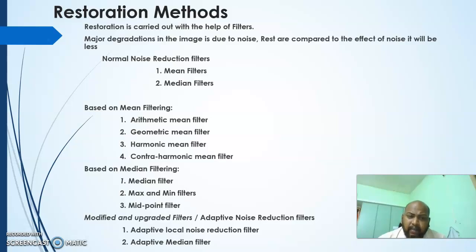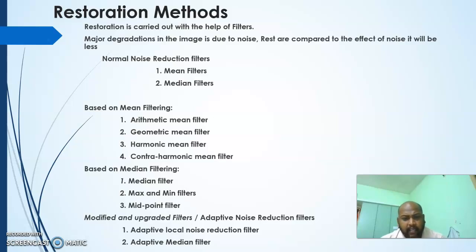Mean filters are further classified into arithmetic mean filter, geometric mean filter, harmonic mean filter, and so on. Median filtering can be classified into median filter, max and min filters, and midpoint filter. Like this, we have different classifications of mean and median filters.